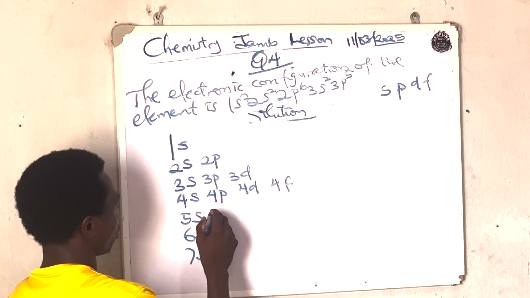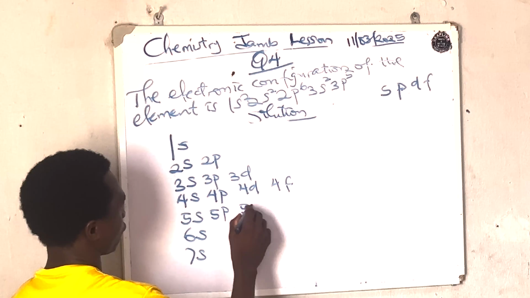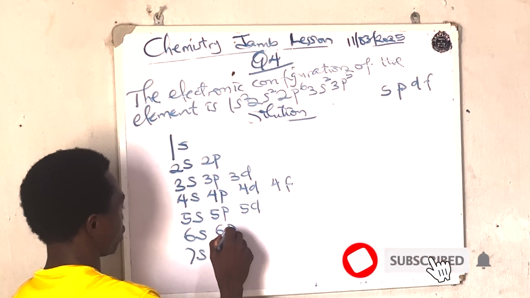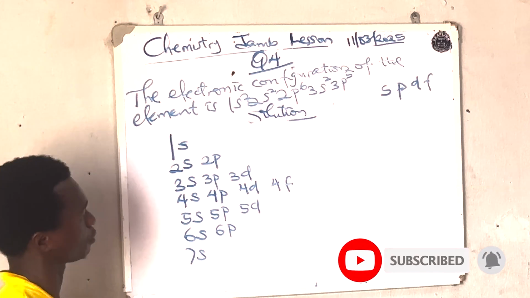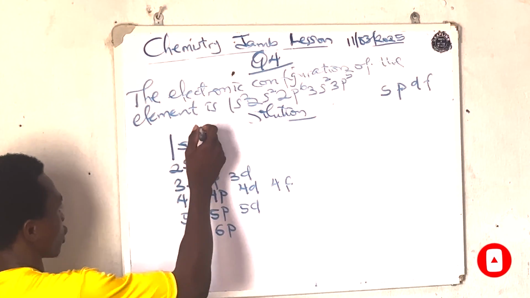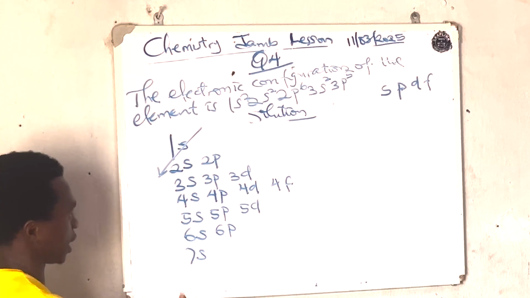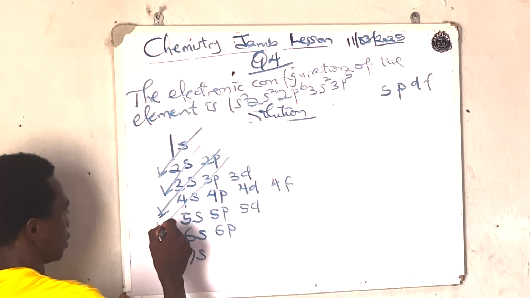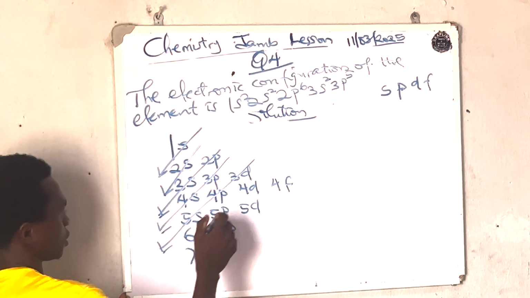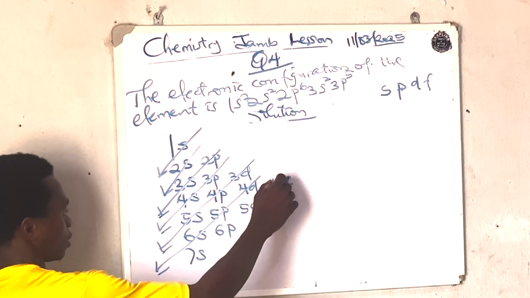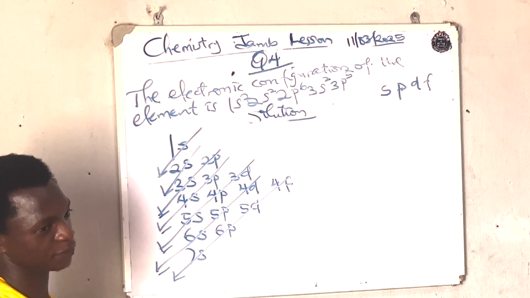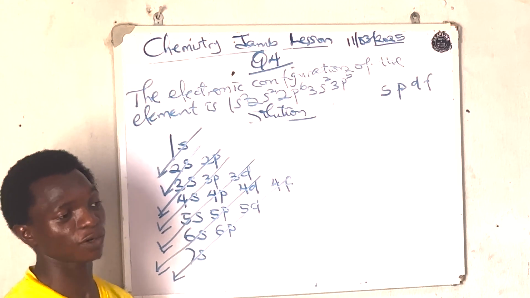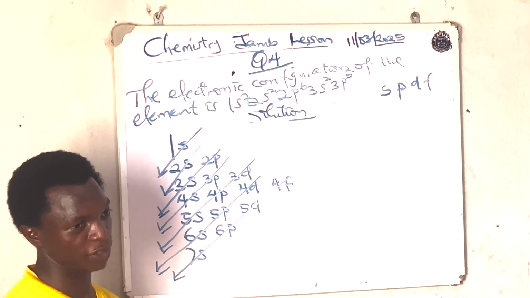This is 5p, 5d, and you're going to have 6p, and then 7, respectively. Just follow that key. When you start with your 1s, you enter your 2s, then this, this, this, and finally this. So when you follow this principle, you can write the electronic configuration of any element without any stress. What is the key?